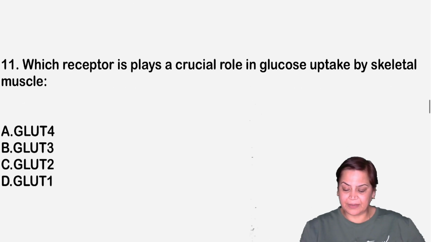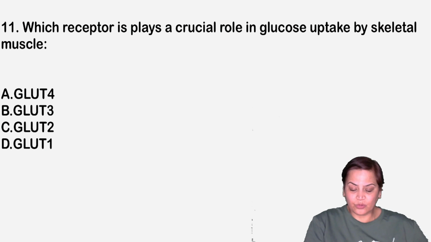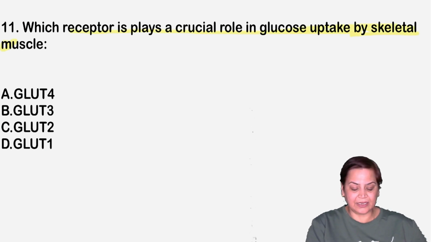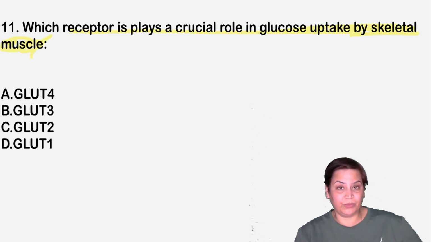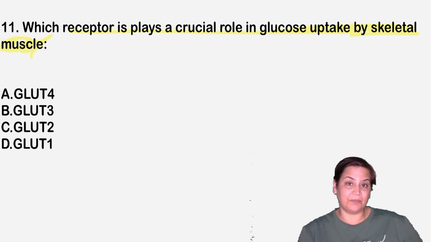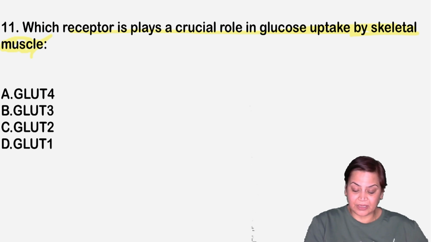Then, which receptor plays a crucial role in glucose uptake by skeletal muscle? This I have mentioned in my videos so many times. Always remember, whenever we talk about skeletal muscle and glucose uptake, we have to remember this mnemonic.